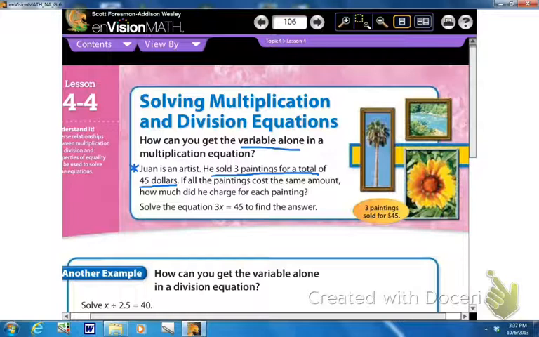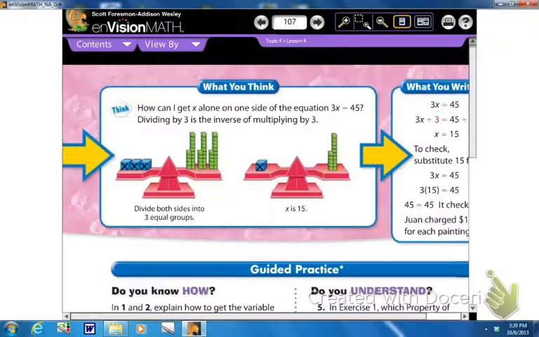So we have the equation 3 times x, x being the amount of each painting, equals, our pan balance, $45. So make sure you understand that x stands for the cost of one painting. And we know he sold 3 paintings. All right, let's look at the next page.